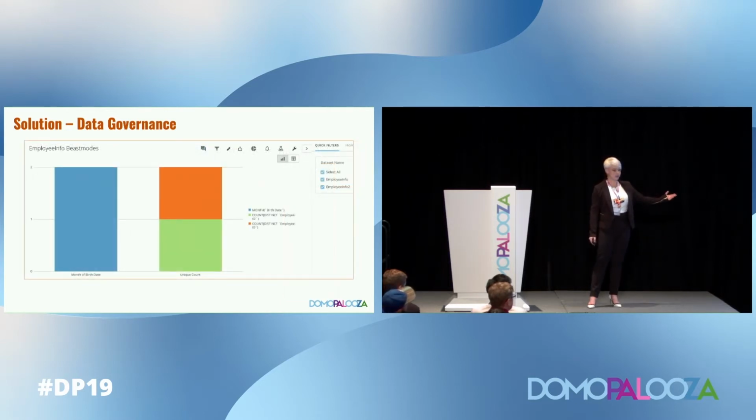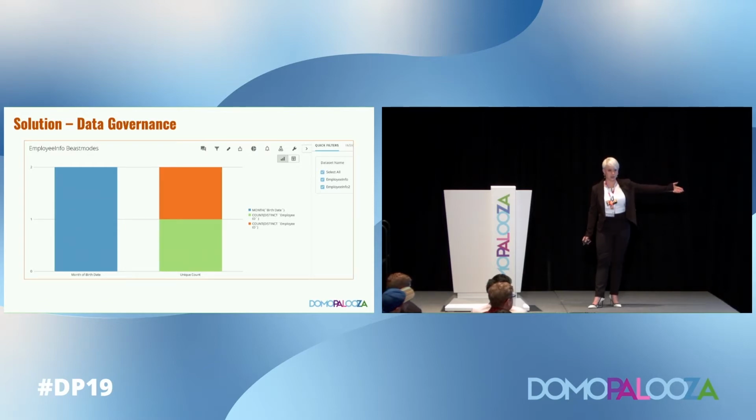You can build flows off of it, and you can also build cards off of it. So for this specific scenario, I built this card where I'm displaying the name of the beast mode on the bottom, the occurrence of the beast mode on the y-axis, and the code itself as the series. This allows me to easily see that month of birth date is present in both of these data sets and is aligned on both the name and the code.